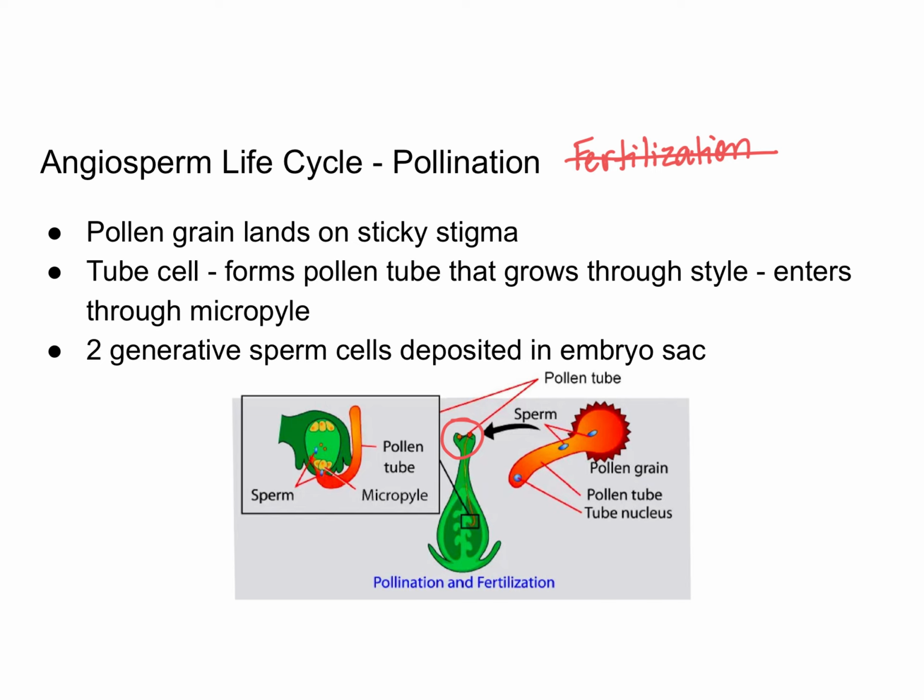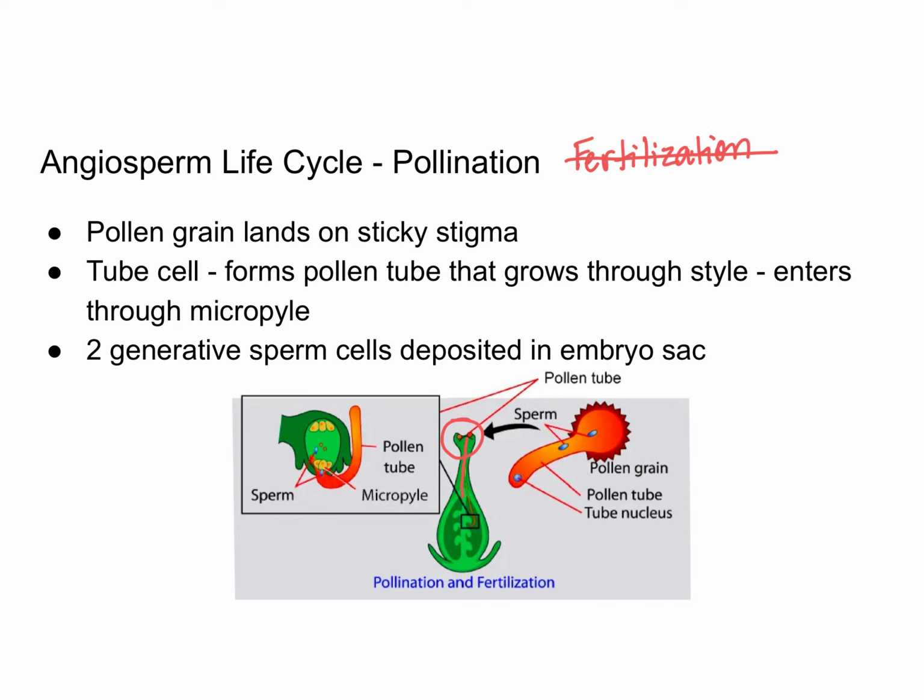Now remember that we have essentially 3 cells inside this pollen grain. And some sources call them cells, some just call them nuclei because they're all the same cell. Don't get too caught up in the details. Basically, we have 3 nuclei involved here. So we have the tube nucleus, or the tube cell, which is going to form this pollen tube. And this pollen tube basically just forms a pathway down through the style to get to the ovary.